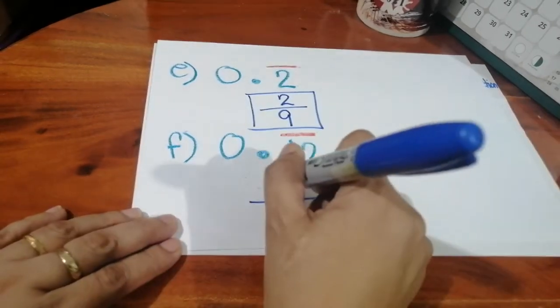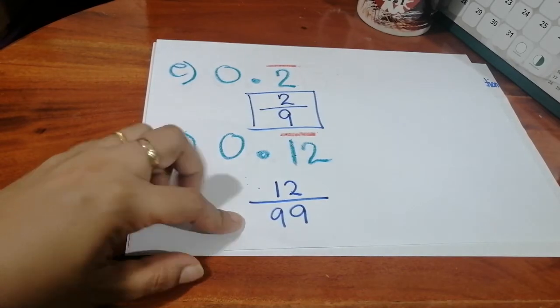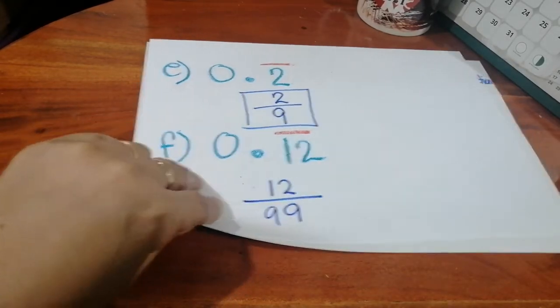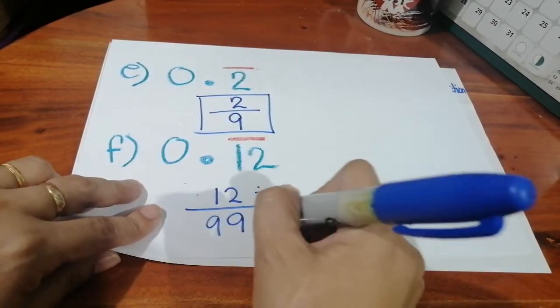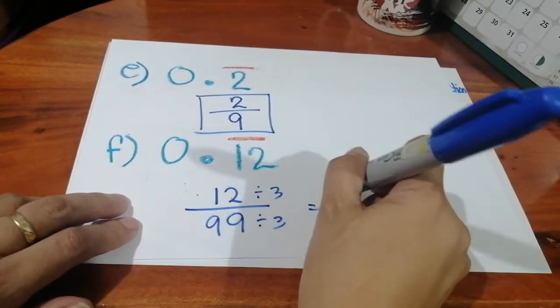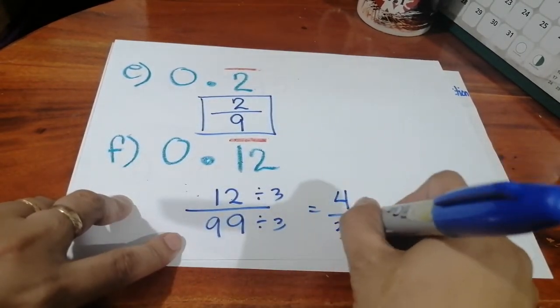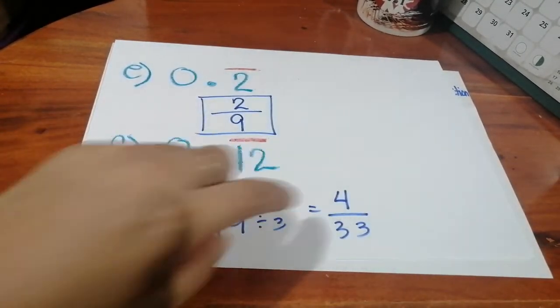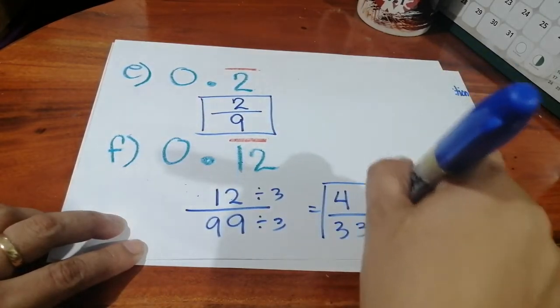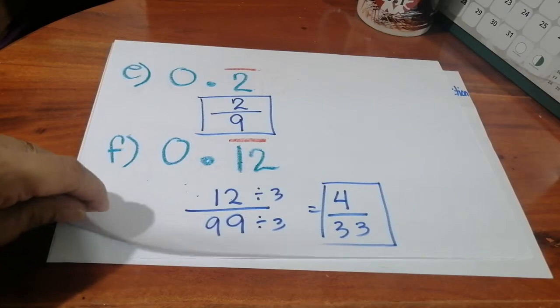And then just copy 12 on top. 12 over 99 can still be simplified by dividing both sides by 3. So 12 divided by 3 is 4 and 99 divided by 3 is 33. So the final answer for this one is 4 over 33.